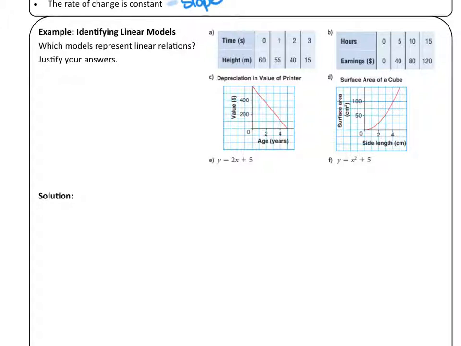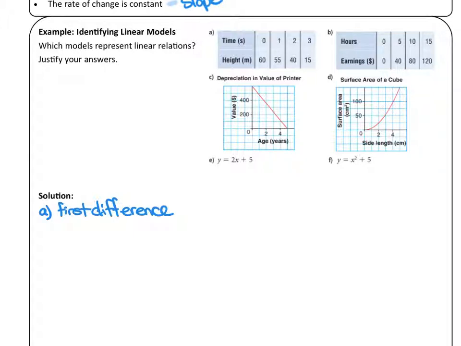So the first two are little graphs. And what you're going to do is you can find the first differences. So if the first differences are the same, now all that means is you're going to take the dependent variable, so the variable that you would put on the y-axis, and find the differences between them.